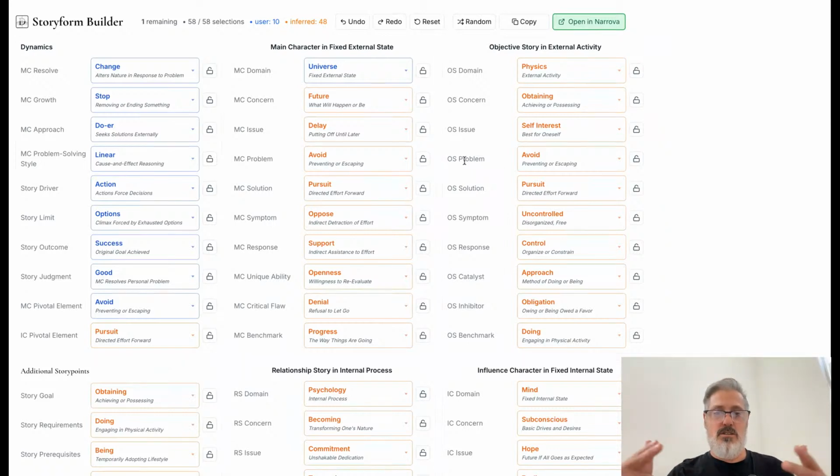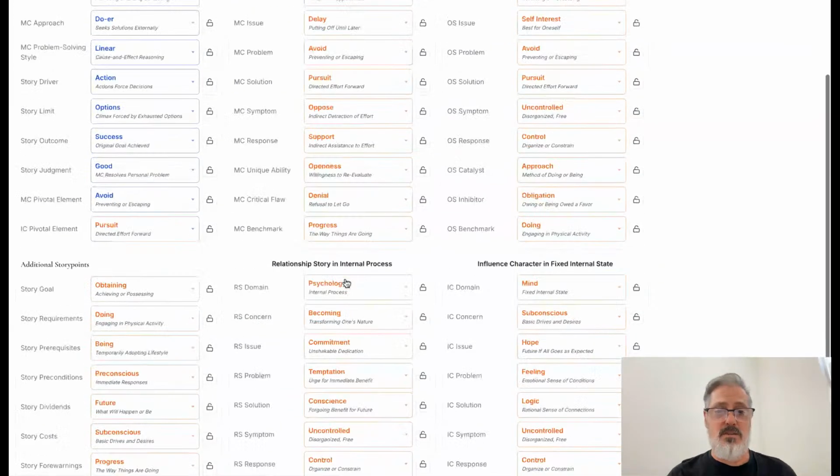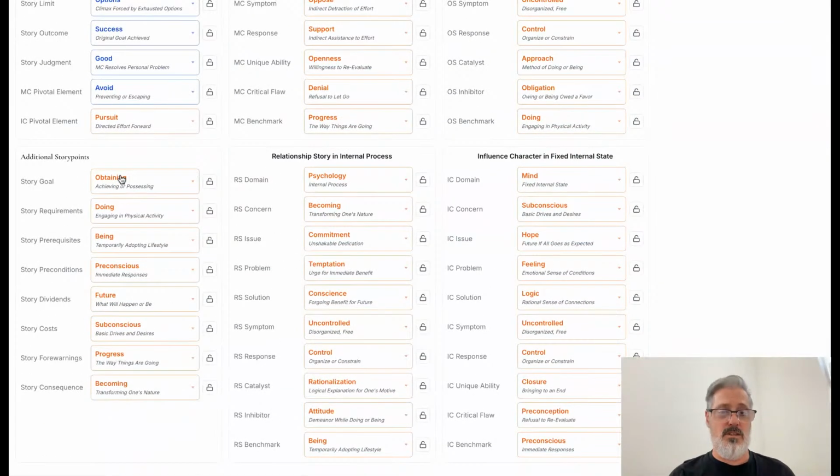They will share these two similar elements, both the main character and the influence character. You can see this on screen here as well as down here. But you'll also see everything else has been filled out. We know what the goal of the story is. We know what is required to get to that goal. We know the prerequisites that are necessary for people to do the requirements in order to get to the goal.